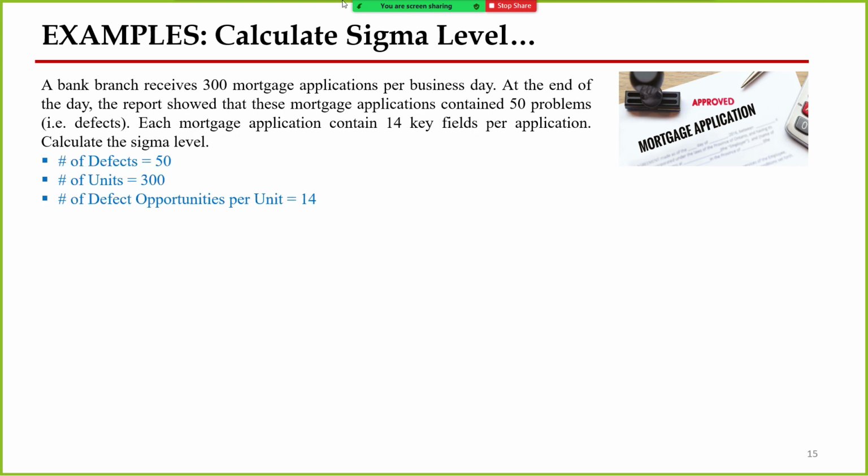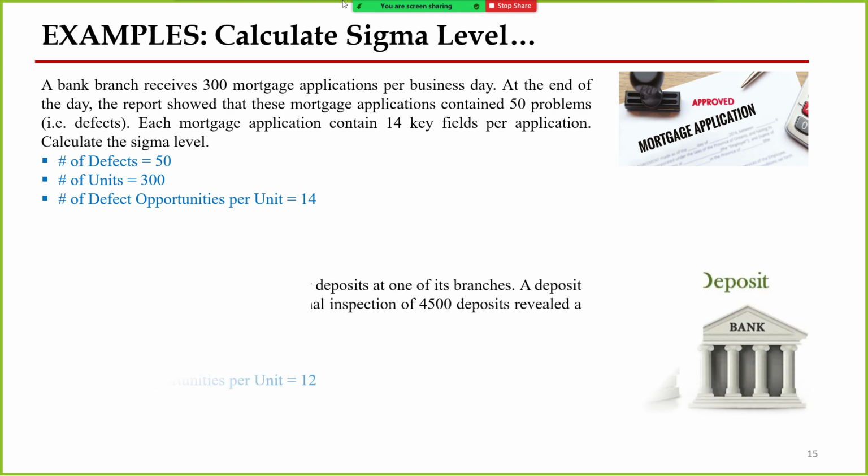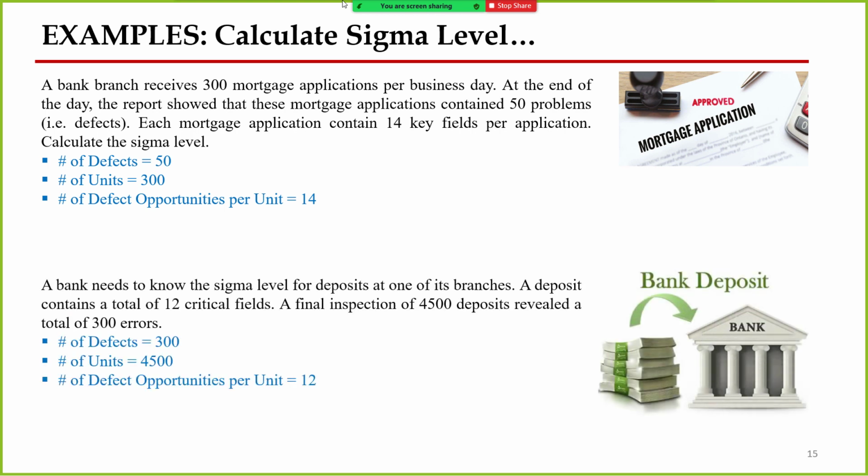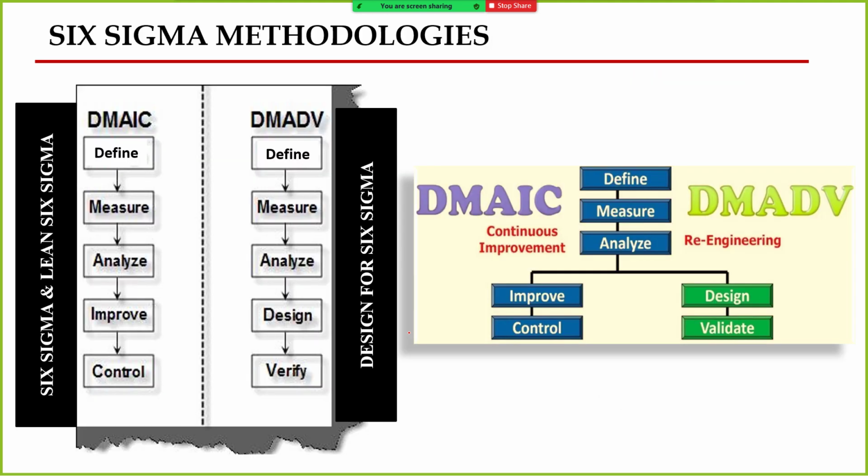Based on this, we can calculate the sigma level. Similarly, I am giving the next example. The total number of defects was 300, the total number of units we are producing is 4,500, and the critical fields which we are inspecting are 12, so the opportunities are 12. Based on this information, we can calculate the sigma level.